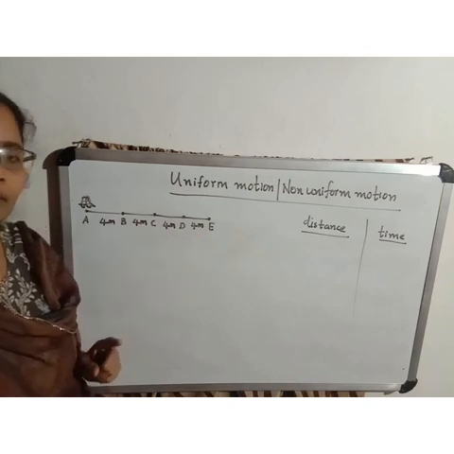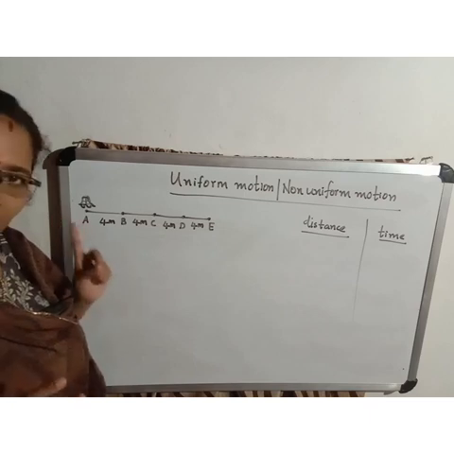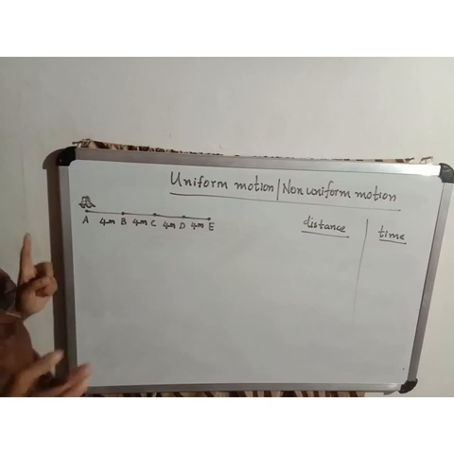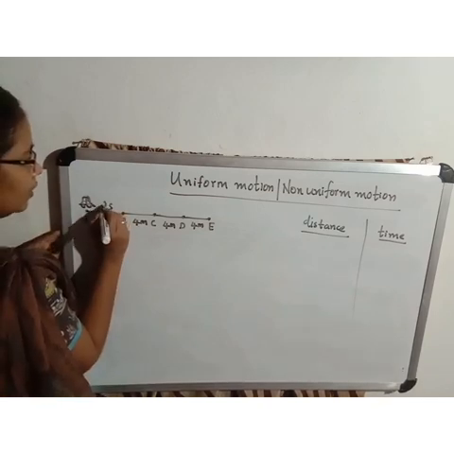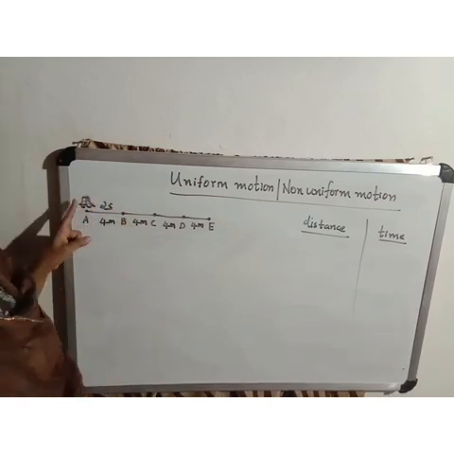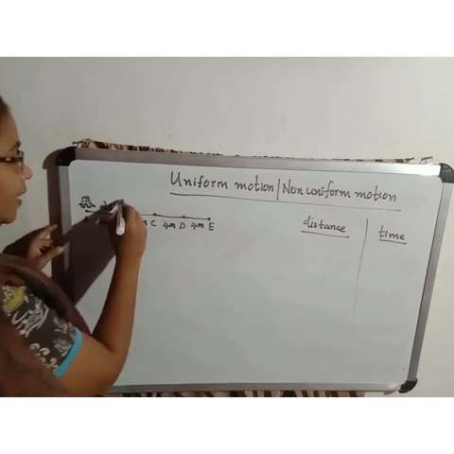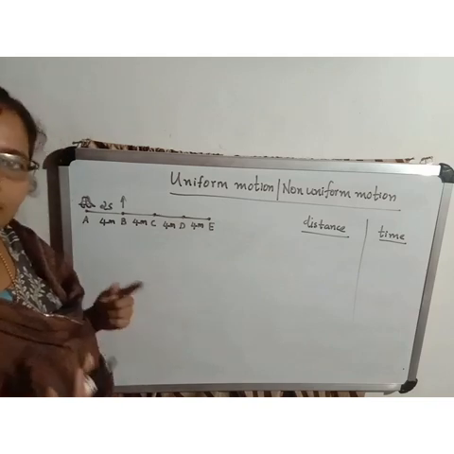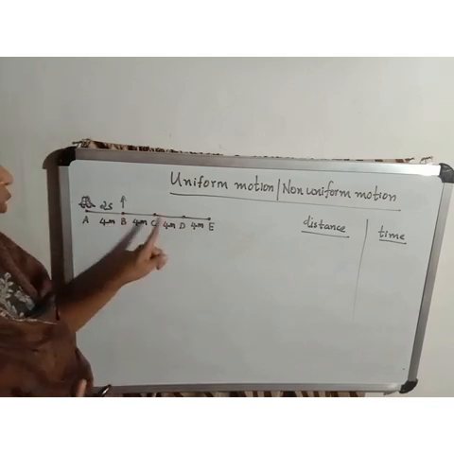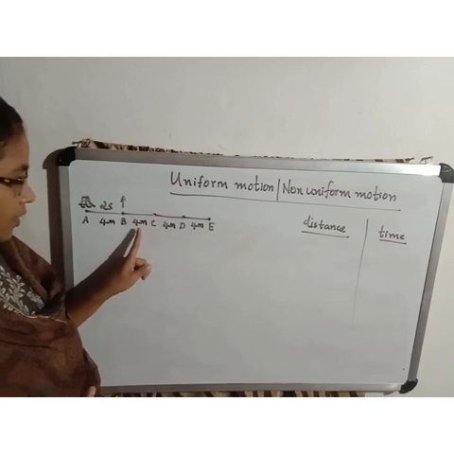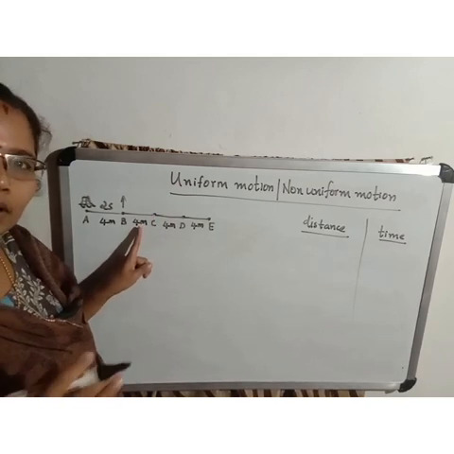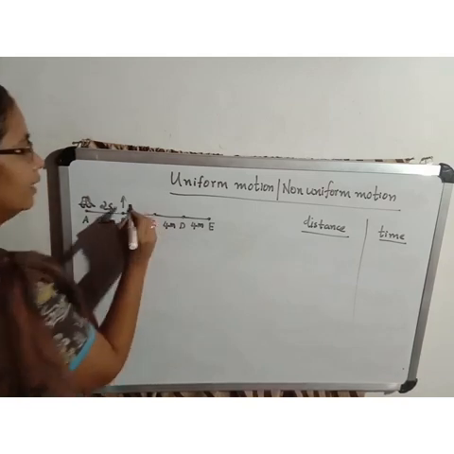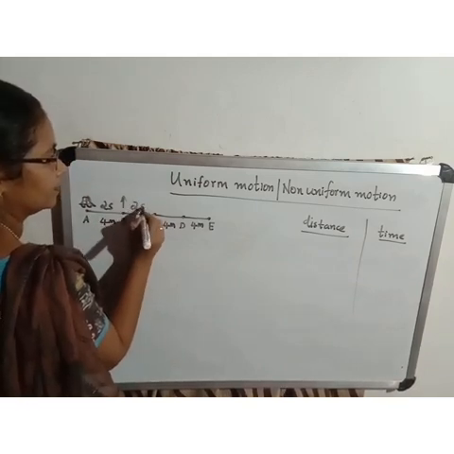First the car travels from A to B, which is 4 meters, by taking 2 seconds. By taking 2 seconds, the car reaches B. Now the car continues its motion from B to C, covering a distance of again 4 meters by taking another 2 seconds.